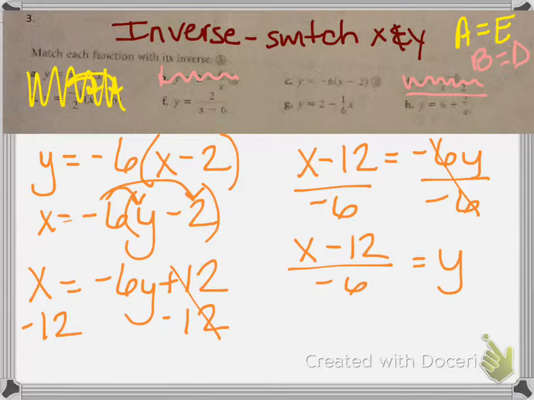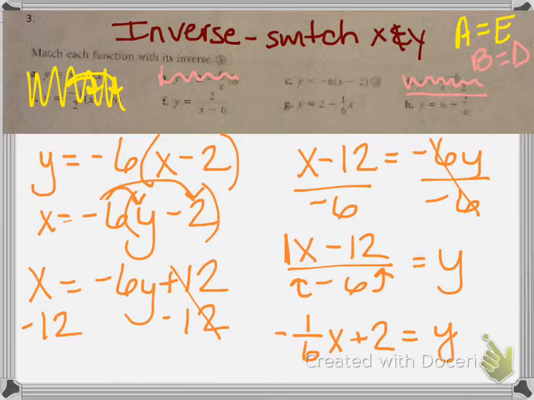I look for a match. Nope, no 12s. What do we have to do? Same thing we did last time, right? Simplify it a little bit more. So take that -6, divide it by x. So remember there's a 1 here, so that's going to become -1/6 x. And -12 divided by -6 is a +2, and that equals y.